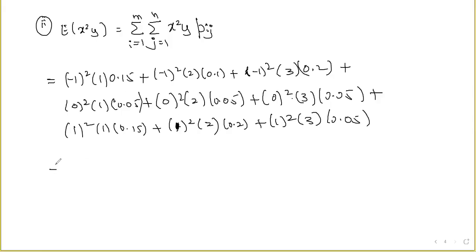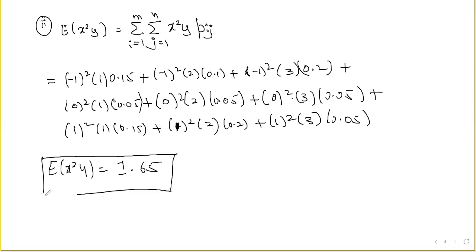After some simplification, you will get this answer. You can try. So the expected value of x square into y is nothing but 1.65. Right?